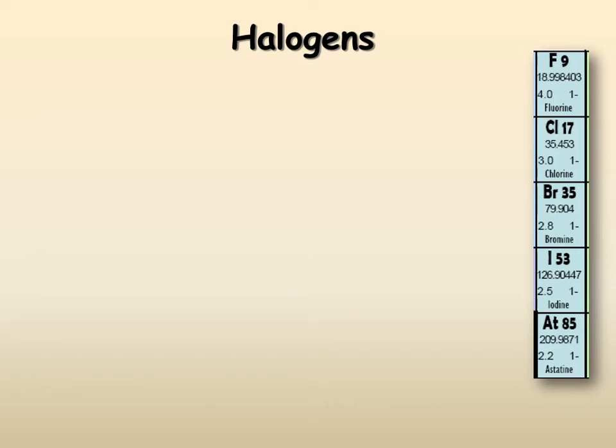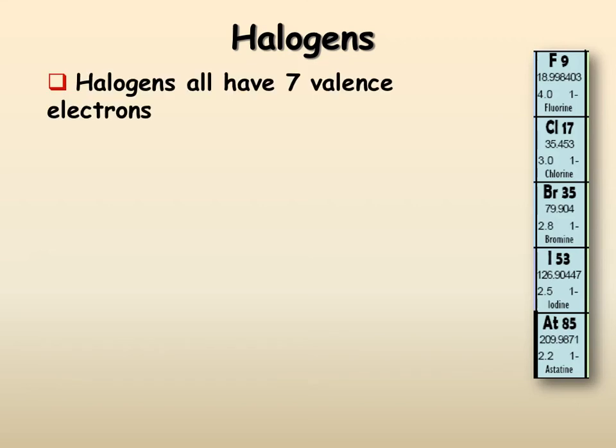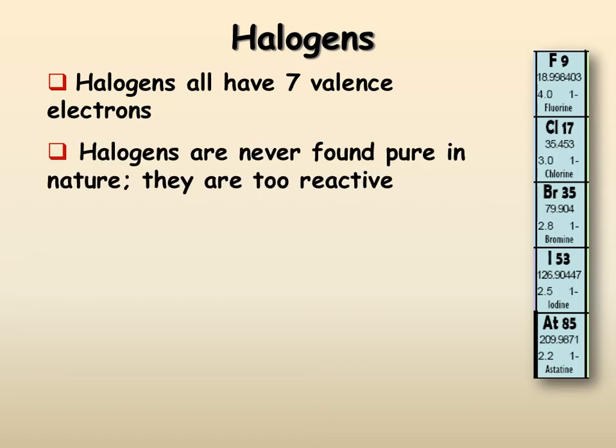So group 7A or 17, the second to last column on the periodic table, is called the halogens. Halogens, we get back into our valence electron trend, all have 7 electrons. That's something they have in common. Halogens are never found pure in nature. They are too reactive. Alright, so these are at the opposite end of the alkali and alkaline metals.